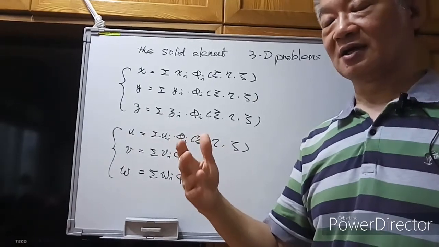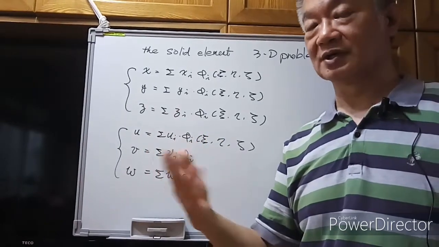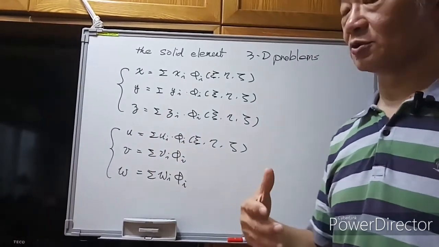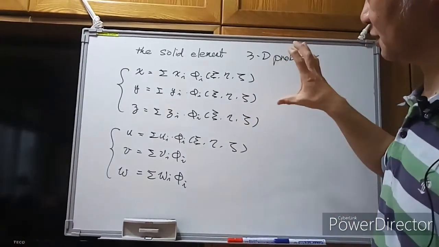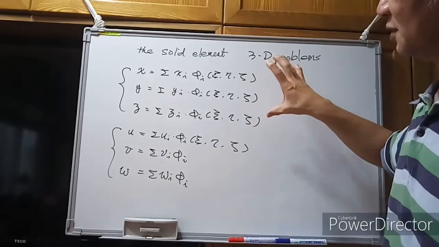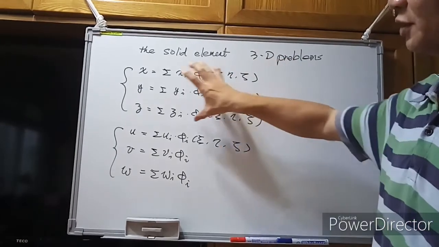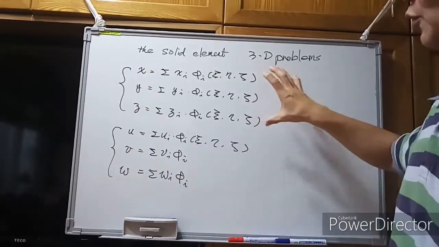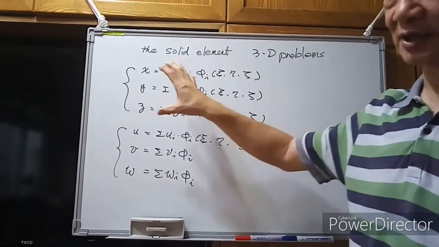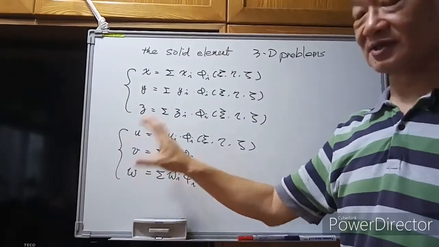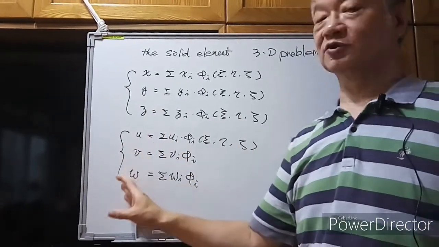So there are another two possibilities. One is called the superparametric. The superparametric means the number of shape functions is greater: we use more shape functions for the xyz, and fewer functions for the u, v, and w.